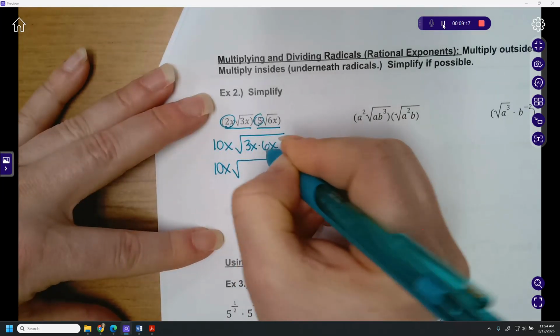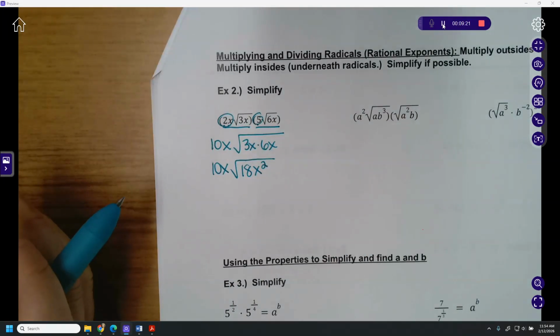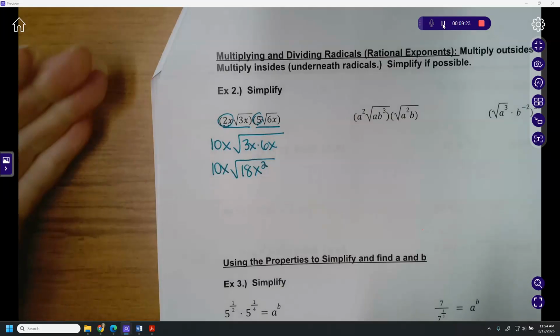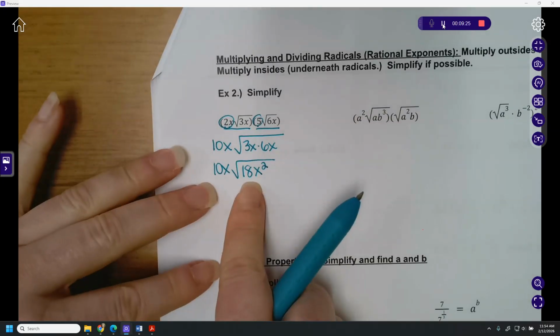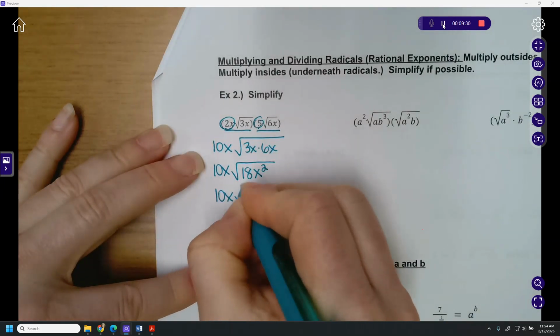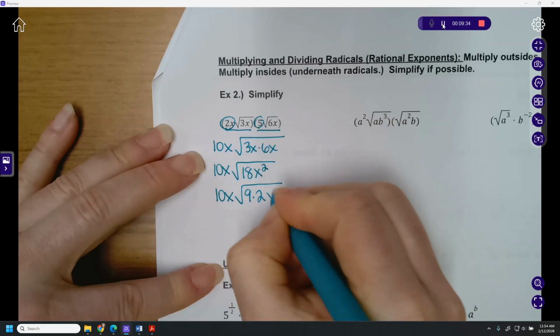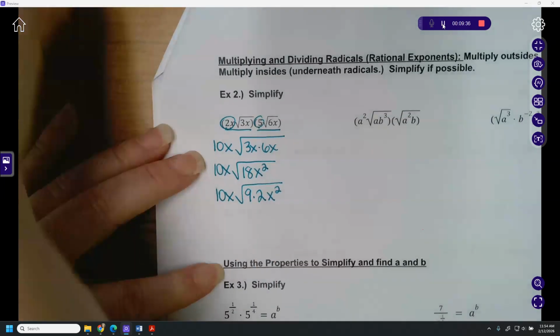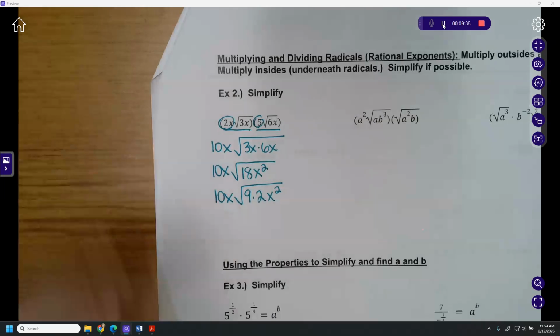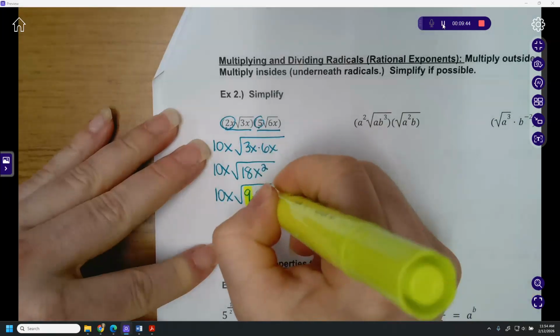3 times 6 is 18, and x times x is x squared. The next step is if you can pull out perfect squares and simplify, now do that. Nothing changes on the outside. I could rewrite 18 as 9 times 2, and x squared is already an even power. So I can take out the 9, and I can take out the x squared.